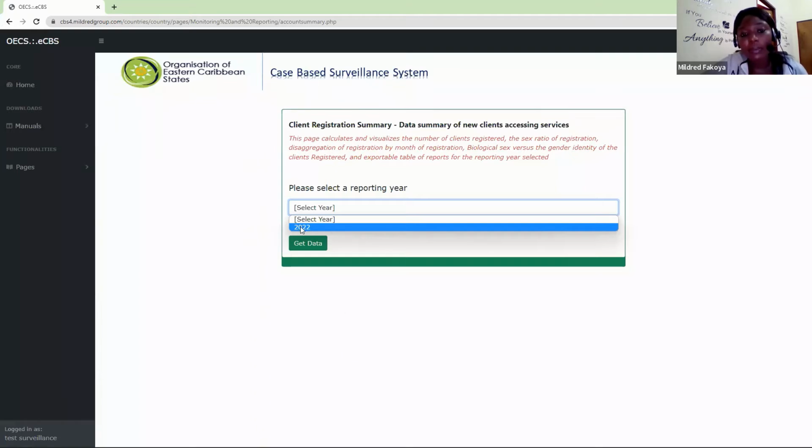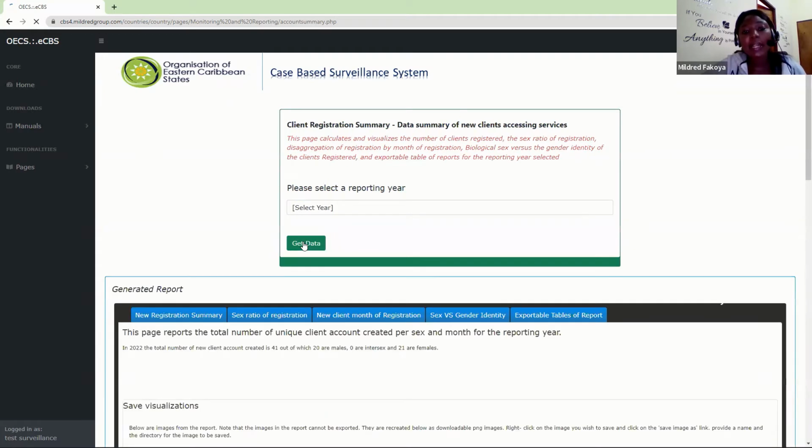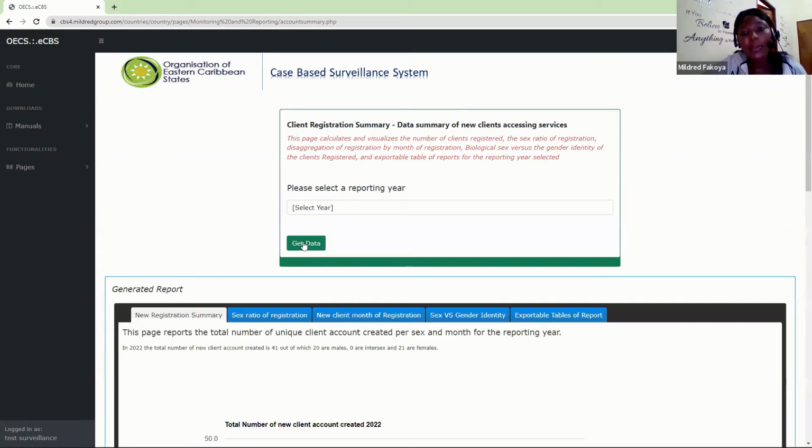Now, when you select a reporting year and you click on Get Data, the system automatically pulls out any data whose year of record or year of report is 2022 because we selected 2022. So it's in real time automatically analyzes and calculates the record.